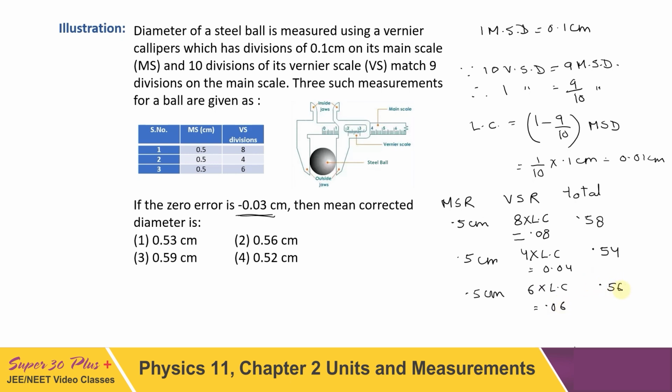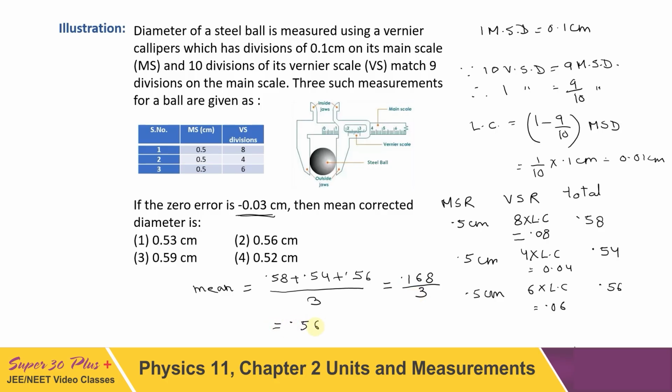If we take the mean of these three, the mean value will be 0.58 plus 0.54 plus 0.56 upon 3. If you add these three, it would come out as 1.68 upon 3, that is 0.56.